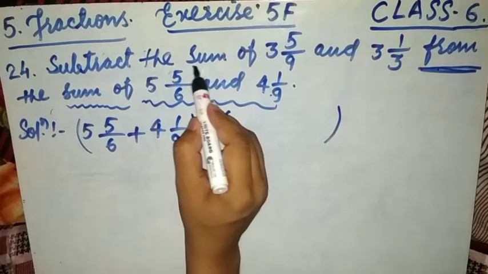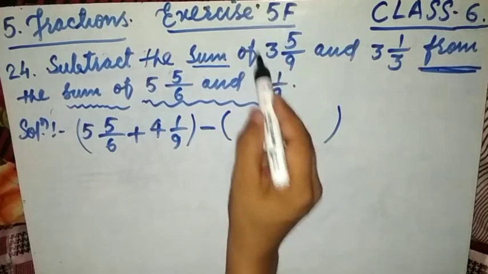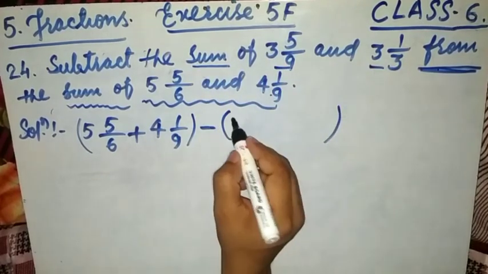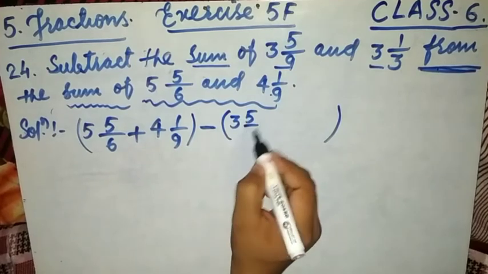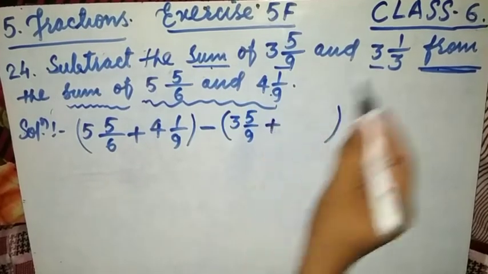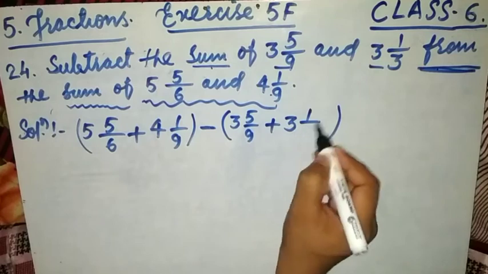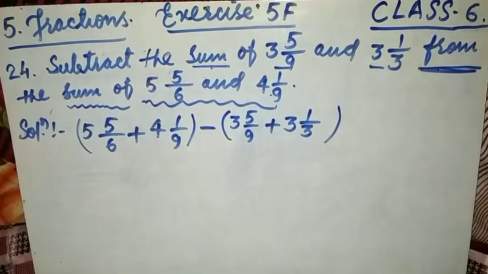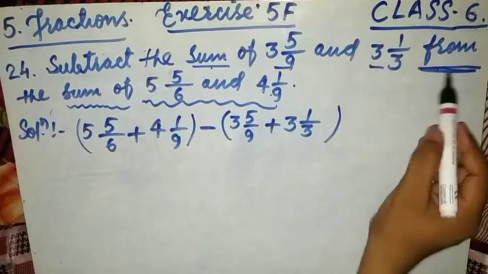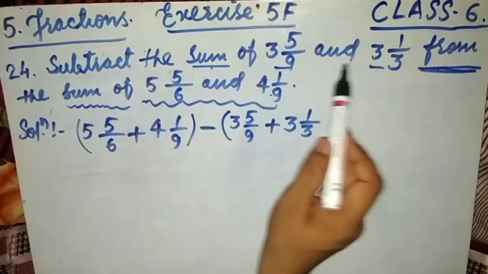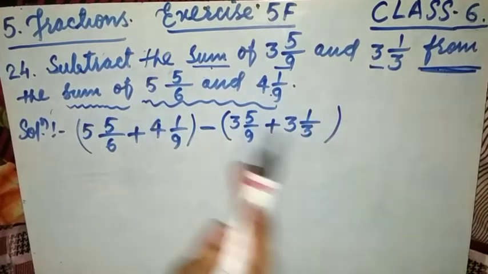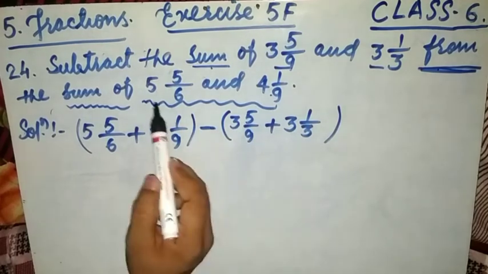Have a look. Here is the sum of what numbers? This and this. Write this number here, the sum, then 3 1/3. Okay, no problem. Now let us see once again. Subtract the sum of this from. Where there is 'from', bring the terms after 'from'.